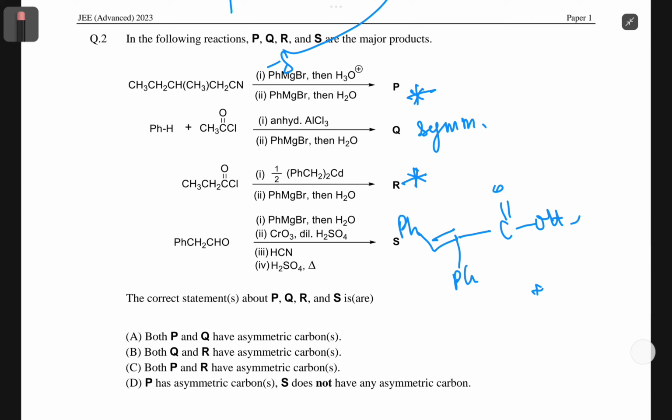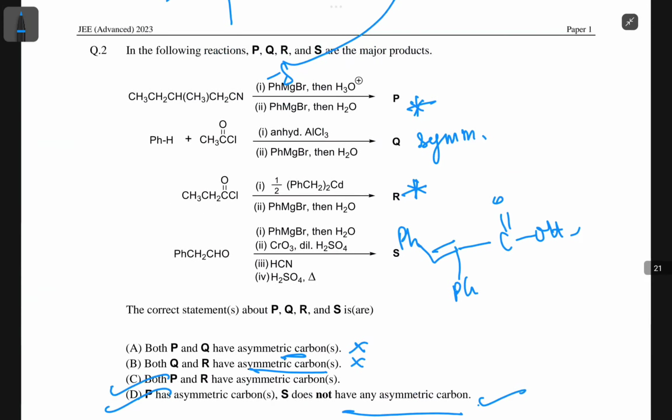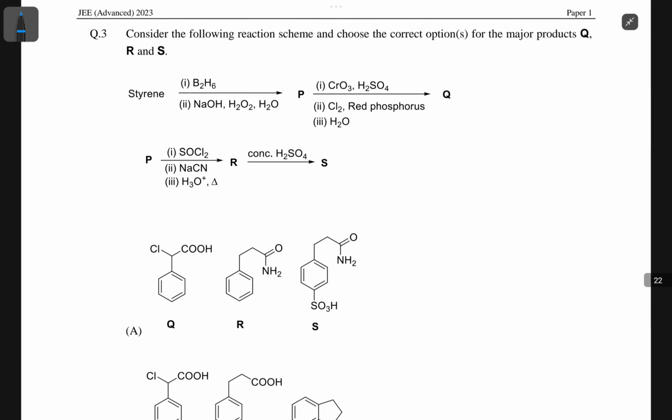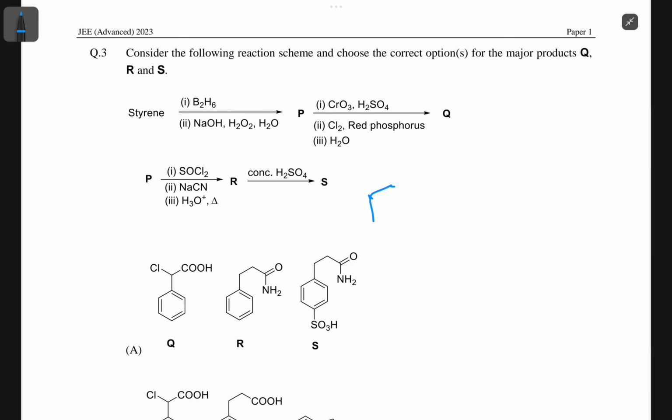So this has no asymmetrical carbon, so this is correct. And P and R are asymmetrical. Q is symmetrical right here, so this is not correct, and same with there. So C and D should be the correct ones. So that's correct.